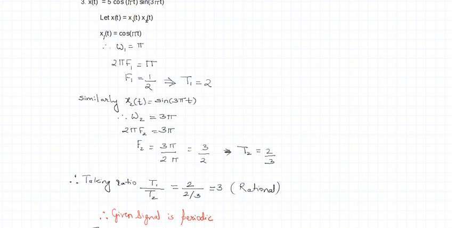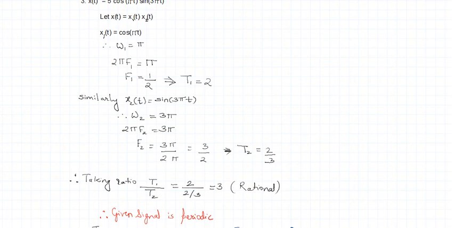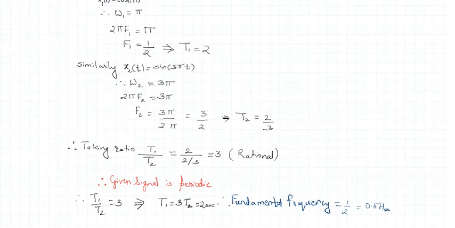Now, if the signal is periodic, we need to find the fundamental period. To find the fundamental period, as I just told you, use the ratio T1 by T2, the ratio that you have just calculated. I've just obtained T1 by T2 as 3. So if I cross multiply, I get T1 to be 3 times T2. So substitute T1 or substitute T2. In both cases, you get the value to be 2 seconds.